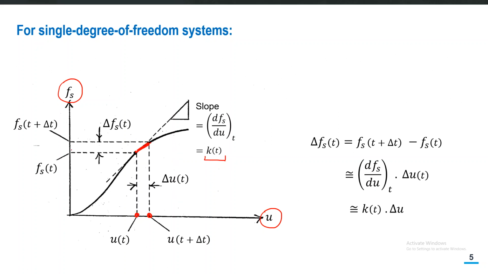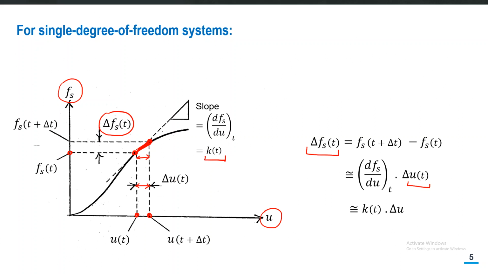The difference between the original force at any time instant and at t plus delta t, which means after a small increment, is delta Fs. So we can write delta Fs as Fs at t plus delta t minus Fs at t, and that can be written as the slope multiplied by the horizontal distance, and that horizontal distance is delta u.